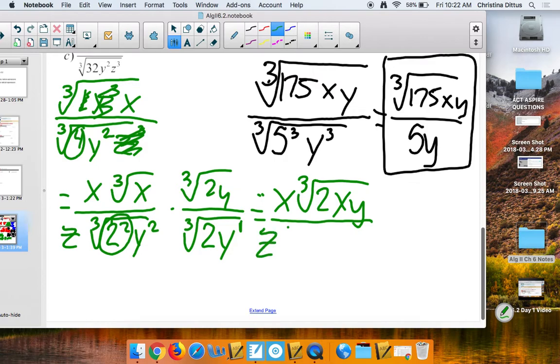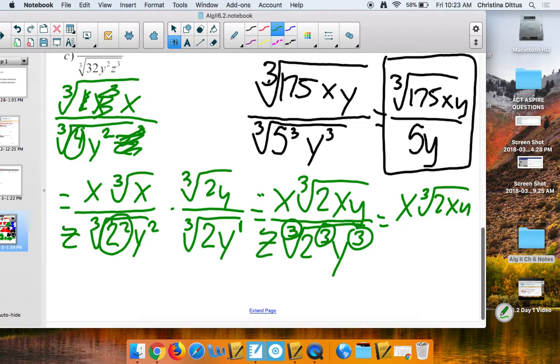Then if I combine my inside of cubed root, I have 2 squared times 2, which is 2 cubed. Y squared times y is y cubed. Okay? 3, 3, 3. It's like a green light. Go. Leave your top: x times the third root of 2xy.